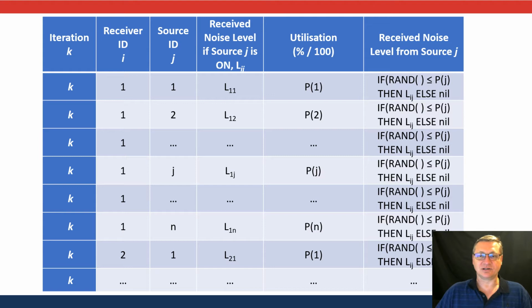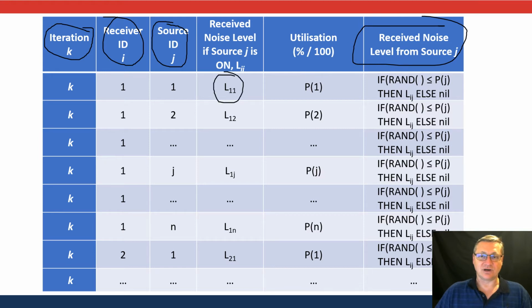So this is a representation of what the calculation looks like in your computer function. Each time you calculate an iteration, you calculate the noise level at each receiver from each source, only if that noise source is on.